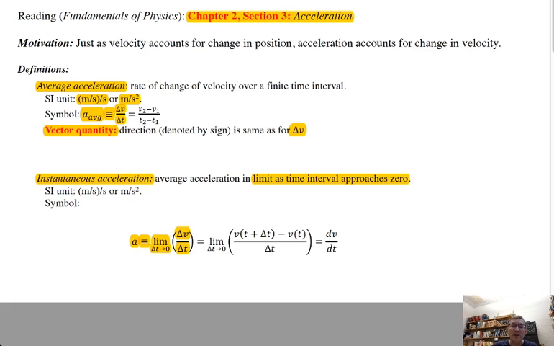V initial means velocity at time t, and v final means velocity at time t plus delta t. We divide by delta t and take the limit as delta t goes to 0. The assumption is that the limit is well defined and finite, and whatever we get out will be the acceleration of our particle at time t.